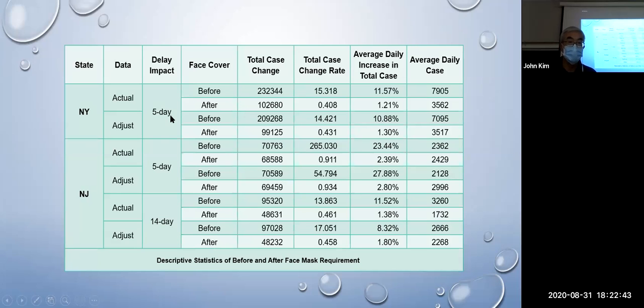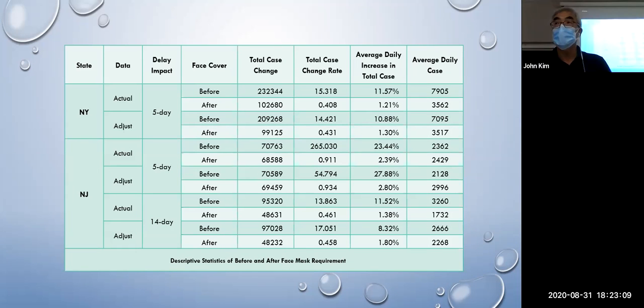And then we used data before face cover required and after cover required, using a 5-day delay impact, and for New Jersey 5-day and 14-day, because CDC and experts said after infection by the coronavirus, as early as the second day symptoms can appear, but mostly between 4 and 5 days.